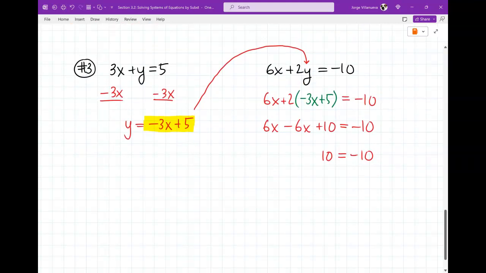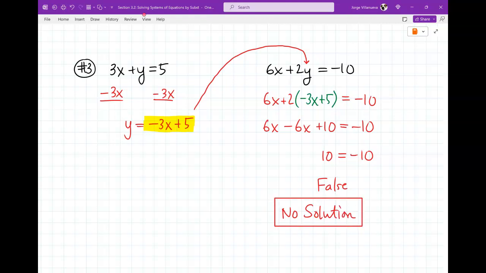Well, is this a true statement? No, this is false. So here's your answer: no solution. That means you're not going to have to solve for x or y and then plug it back in. You're done. If it's false, no solution. If it's true, infinitely many solutions.